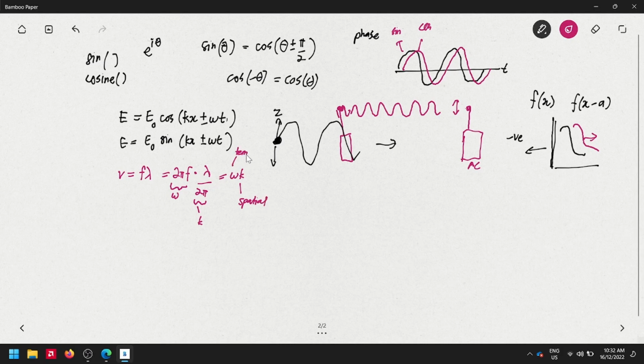This is temporal. Okay? So normally for an electromagnetic wave, the speed is the speed of light, C, 299,792,548 meters per second. So basically, C is equal to omega over k for an EM wave in vacuum.